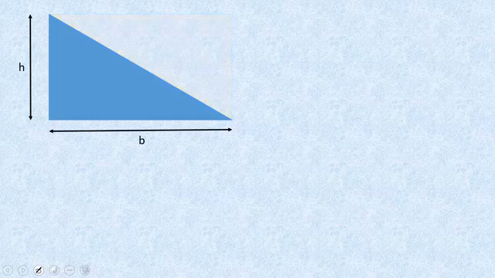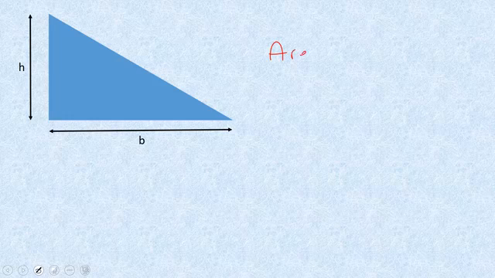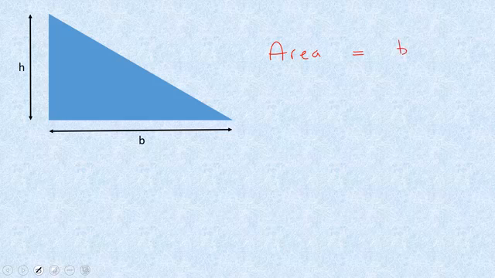But what if I was to get rid of that half, and I'm just left with one triangle now? What would the area of that be? So if we think back to earlier, we just said we've got our area of our rectangle would be b multiplied by h.